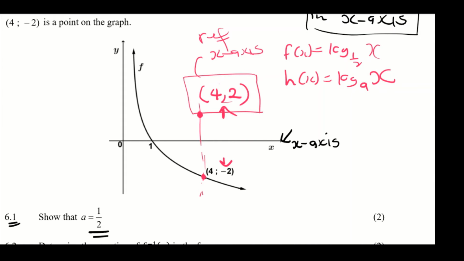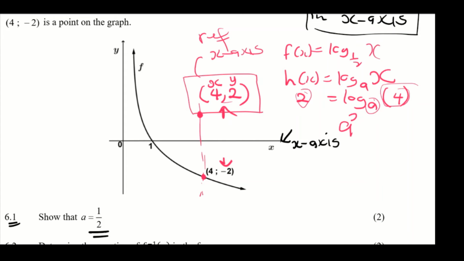And then substitute these coordinates. So where there's x, you're going to put 4. Where there's y, you're going to put 2, right? So it's going to be 2 equals log base a of 4 to find the value of a, right? So it's going to be this a to the power of 2 is equal to this 4 here.